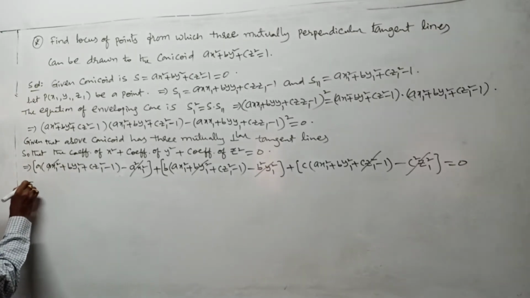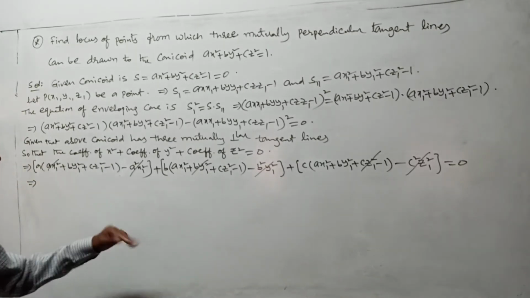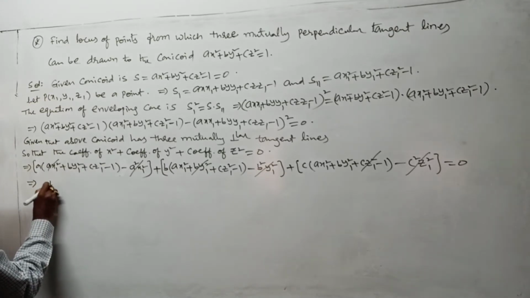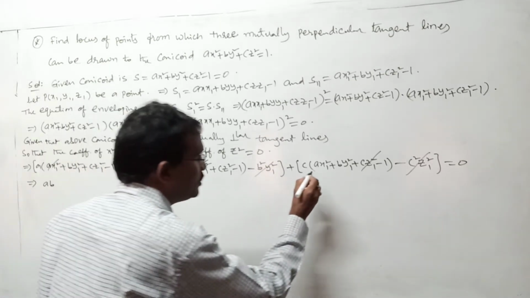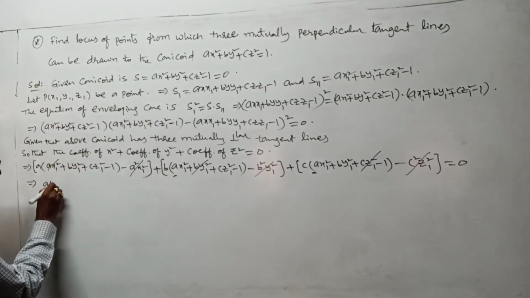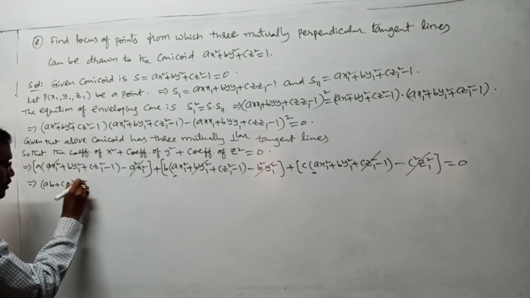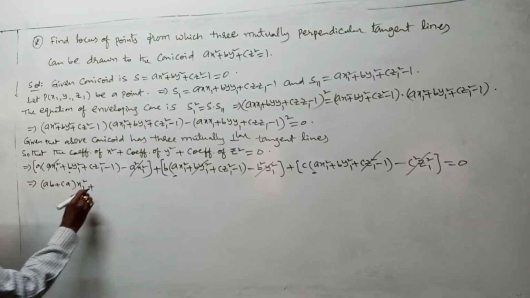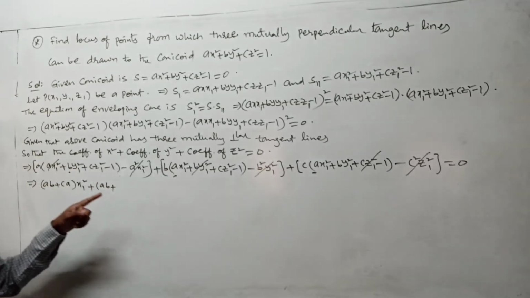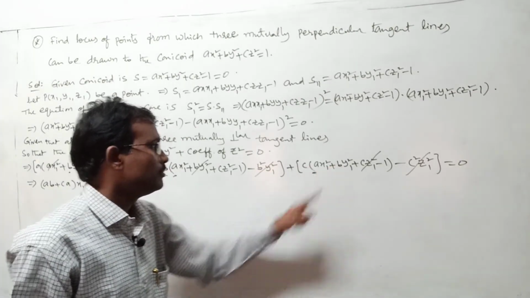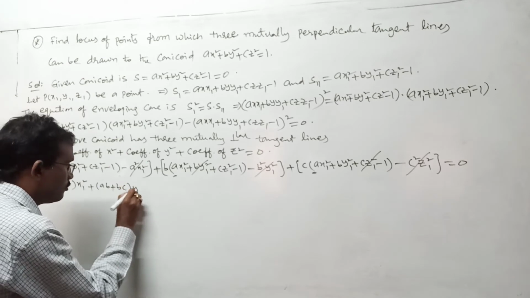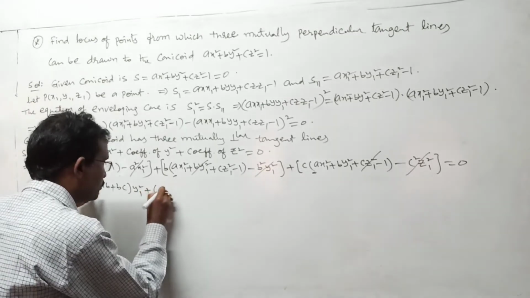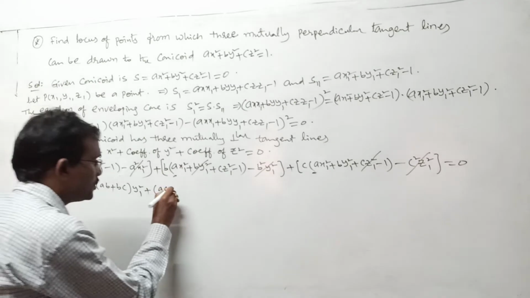Next I want to write the x1 square, y1 square, z1 square coefficients separately. The x1 square coefficient is ab plus ca; the y1 square coefficient is ab plus bc; the z1 square coefficient is ac plus bc.